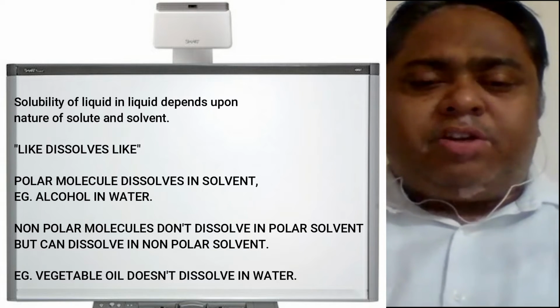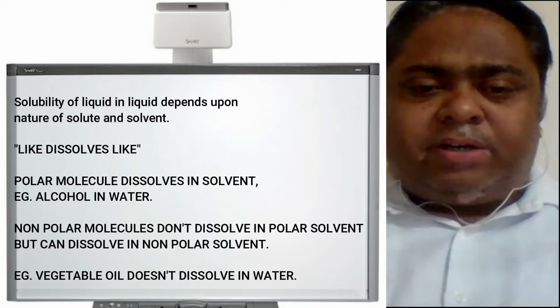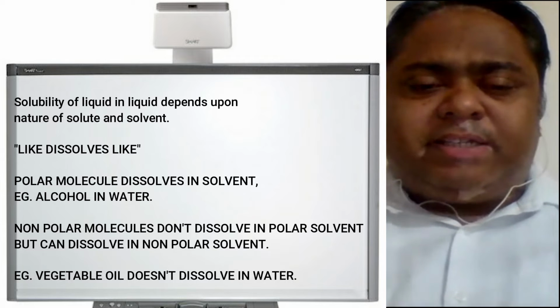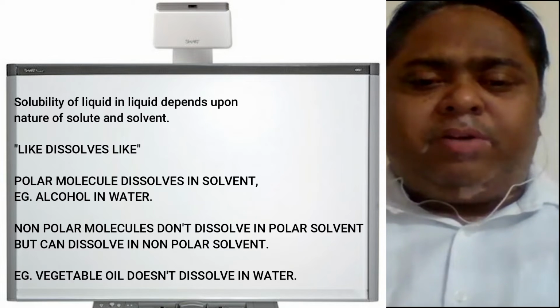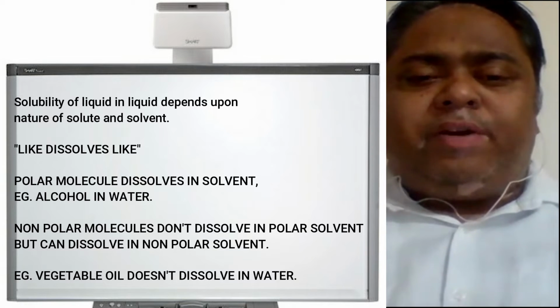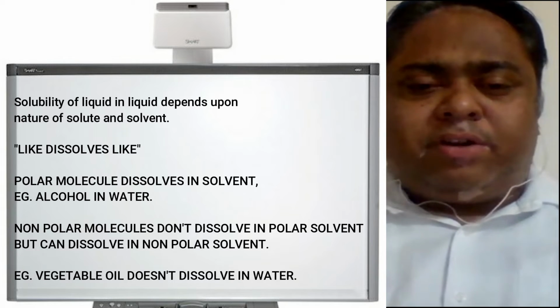Alcohol will be easily soluble in water because they form hydrogen bonding with the water. But long chain fatty acids will not be soluble in water because the hydrocarbon chain is hydrophobic in nature. So solubility of a liquid in a liquid depends upon the nature of the molecules of solute and solvent.